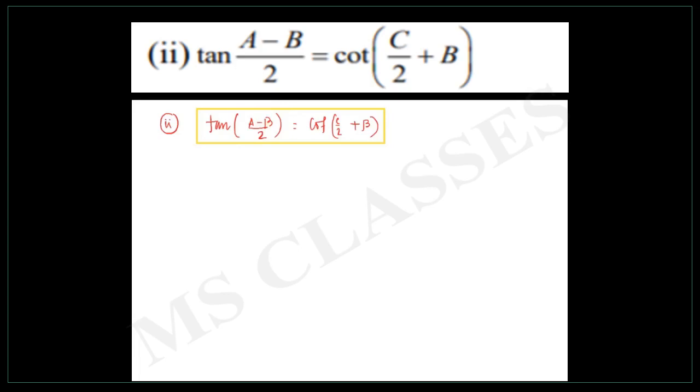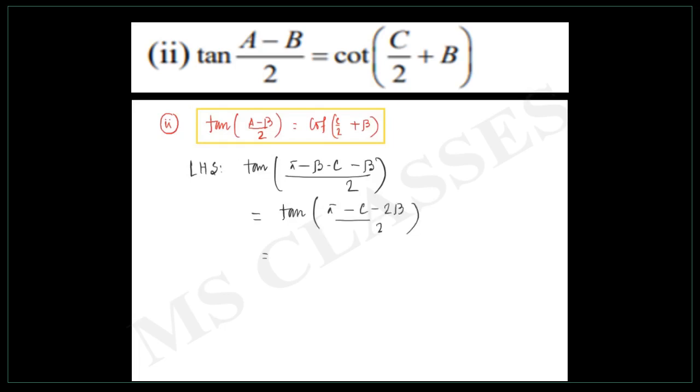So here we start from the LHS, and here tan (pi minus b minus c). Why are we doing pi minus b minus c? Because, children, here we are eliminating a, because in the RHS we don't have a. Now this is giving us tan (pi minus c minus 2b) by 2.